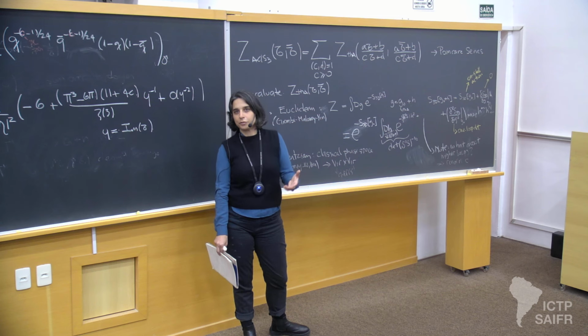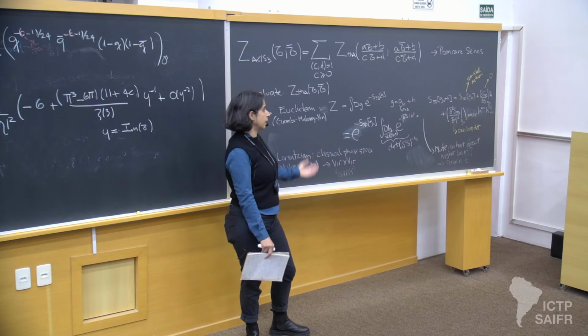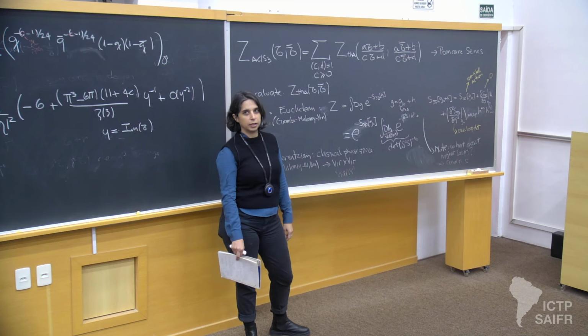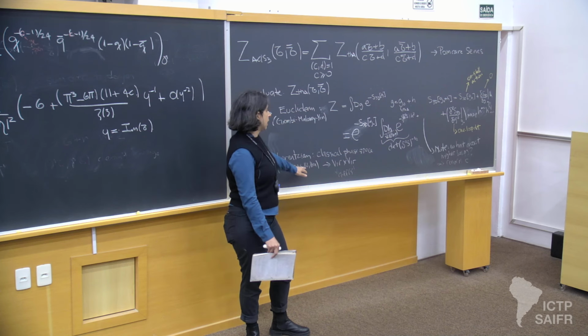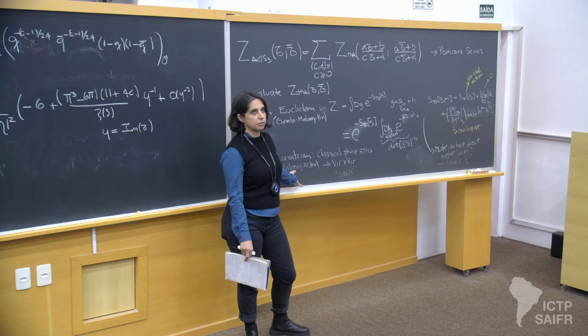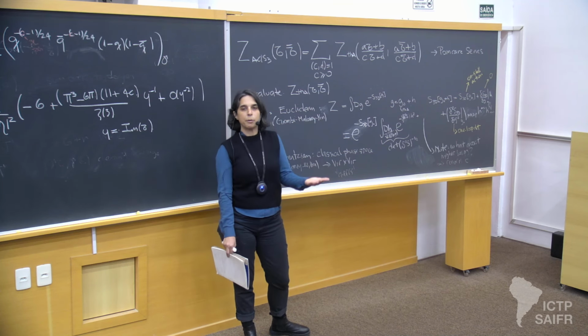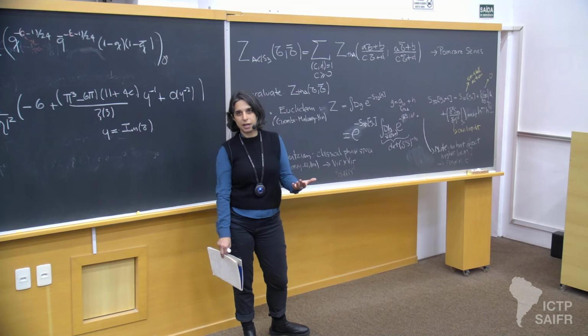So there's evidence from BMS3, which is kind of weird. I think someone should just go and do the 2 or 3 loop computation and show that those terms cancel. The reason people haven't done it is because it's compatible with Virasoro, which is one loop exact.